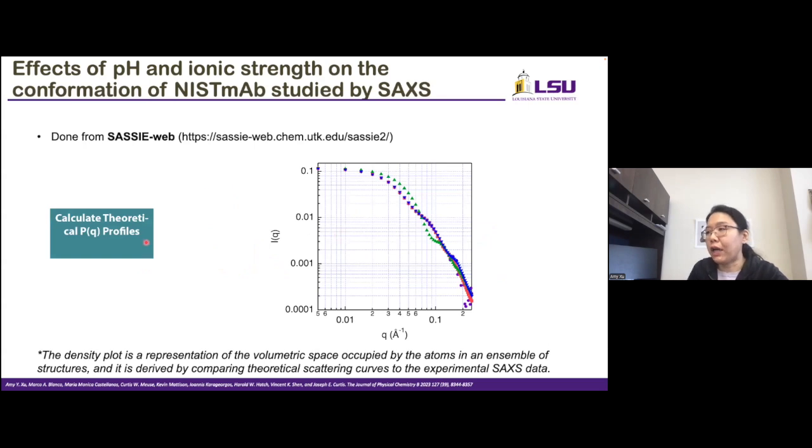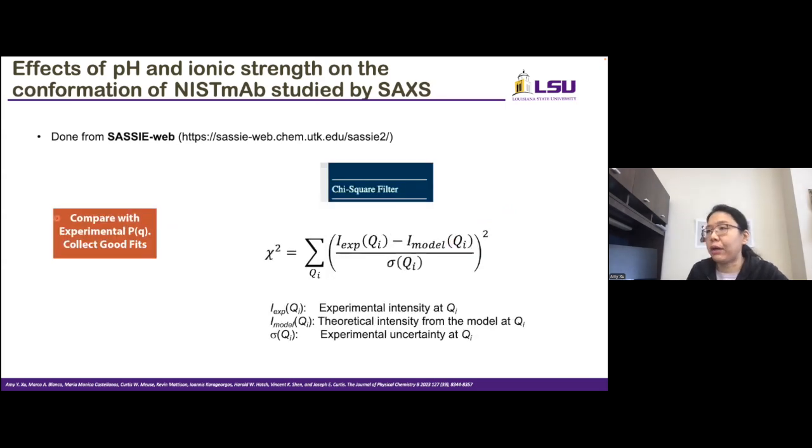Next, after you have generated this ensemble of structures, for each one of them you calculate theoretical scattering profiles. Here shows only 4 scattering profiles, and in reality, I have 65,000 scattering profiles, so that they can be compared with the experimental data using chi-square.